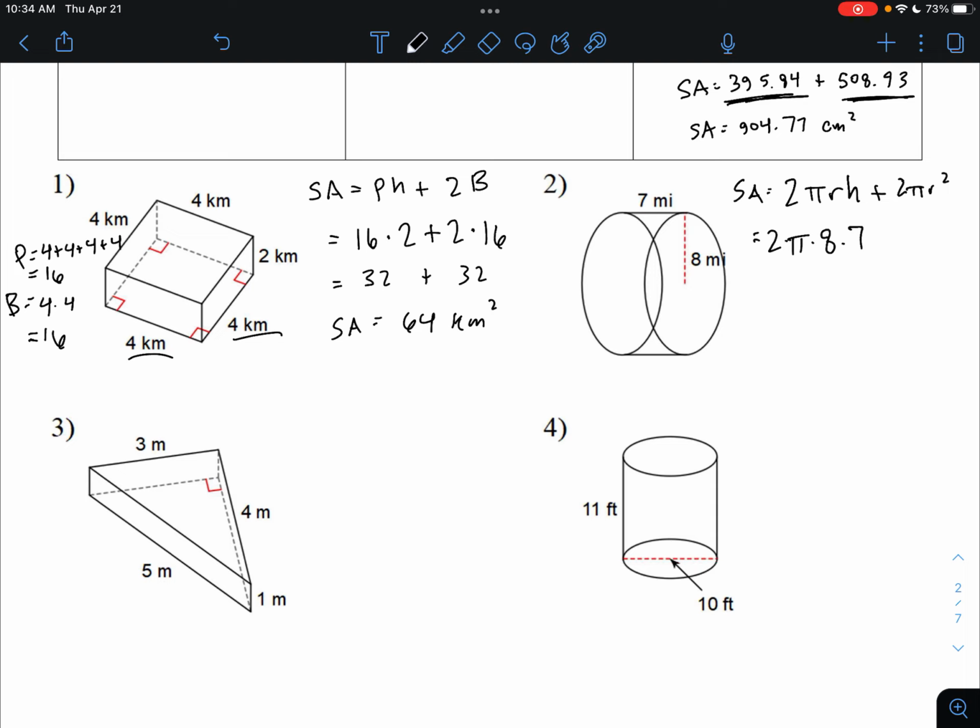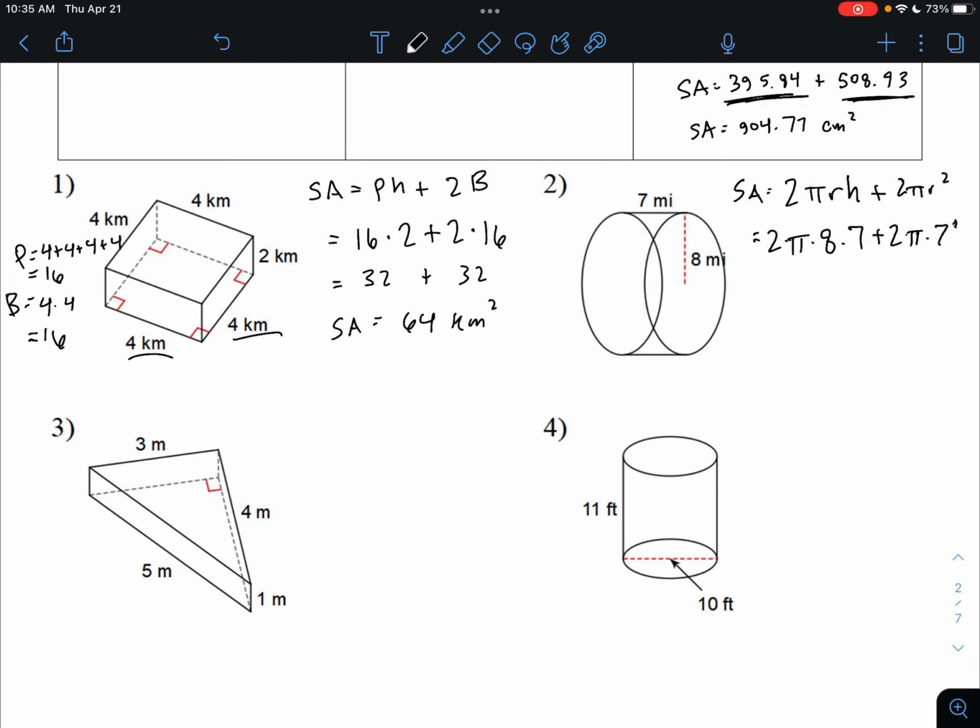The way you can think about it is if you lay down on your side, or if you're laying down in bed, you're laying flat, but you're still somewhere 5 to 6 to 7 feet tall, however tall you are. Your height does not change just because you're laying down. It's still the height. So 2 times pi times 8 times 7 plus 2 times pi times the radius 7 squared.